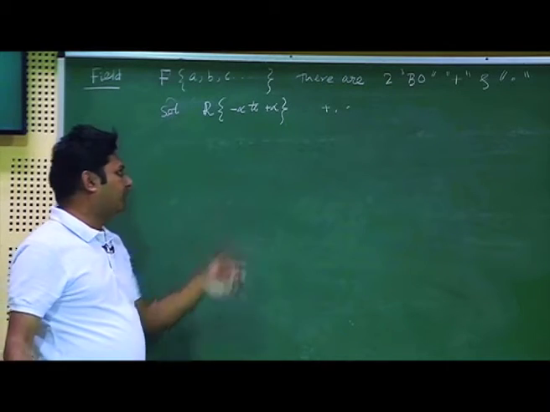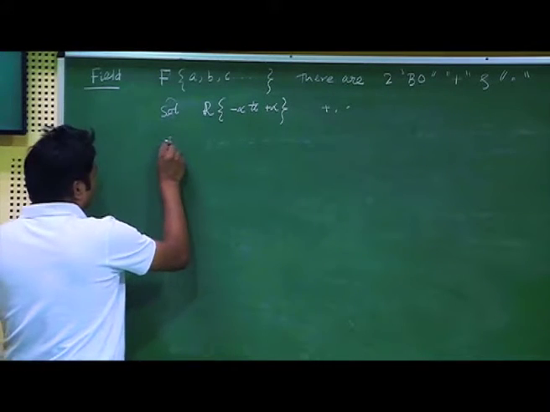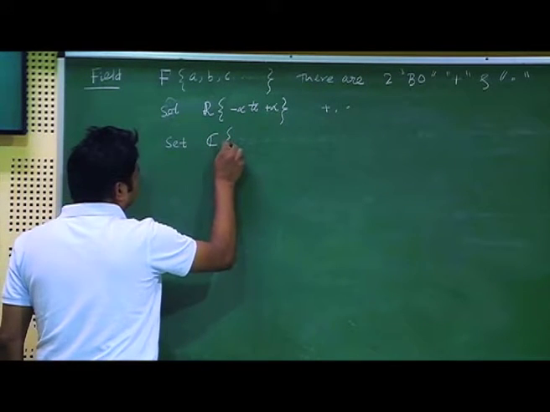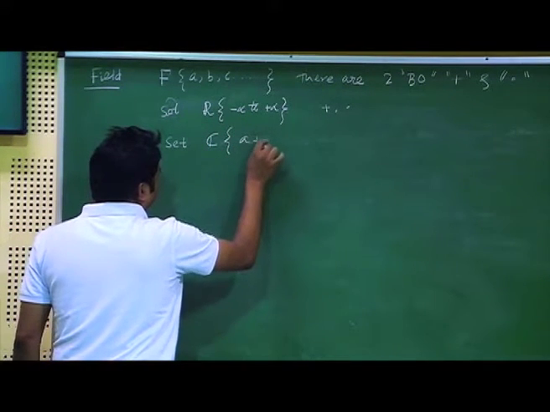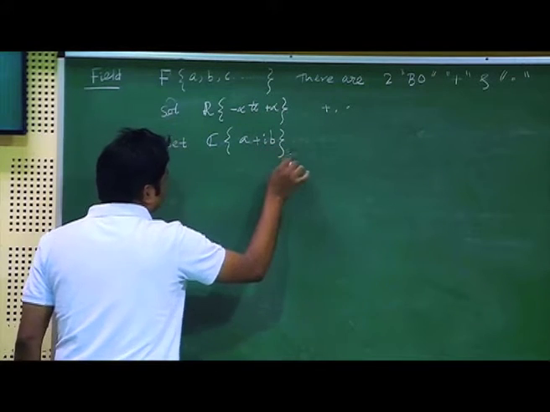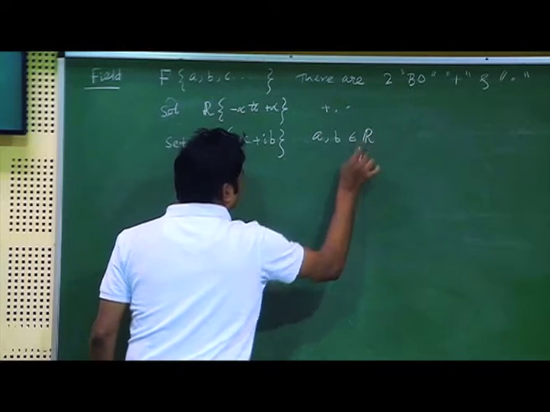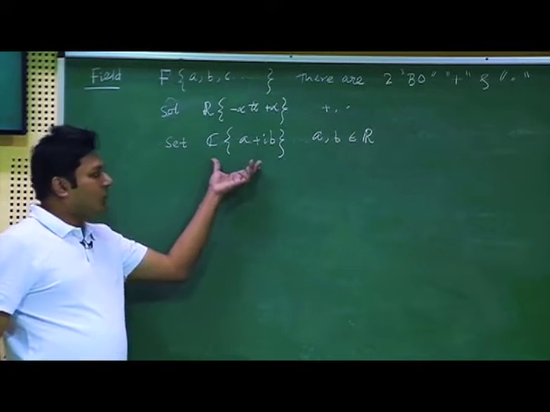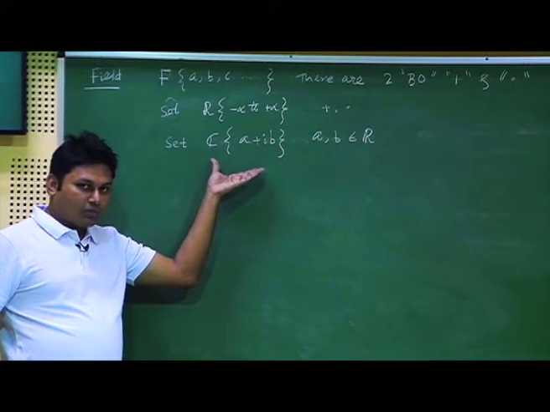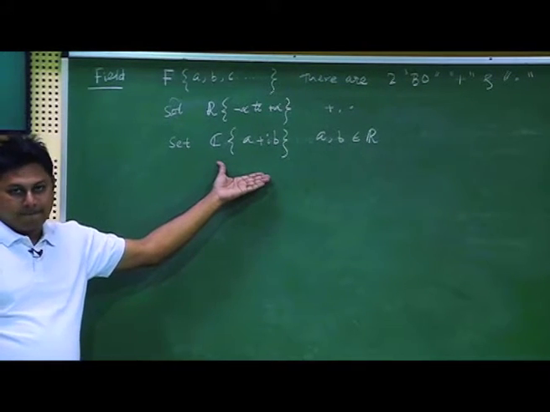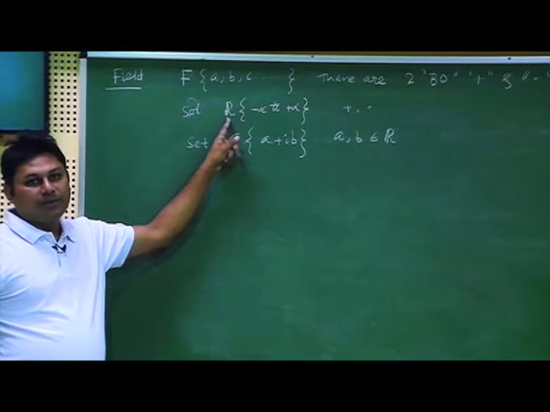This is a very important concept. Also, if I do the same, we will find that the set of all complex numbers, where A, B belong to real numbers, can also form a field.